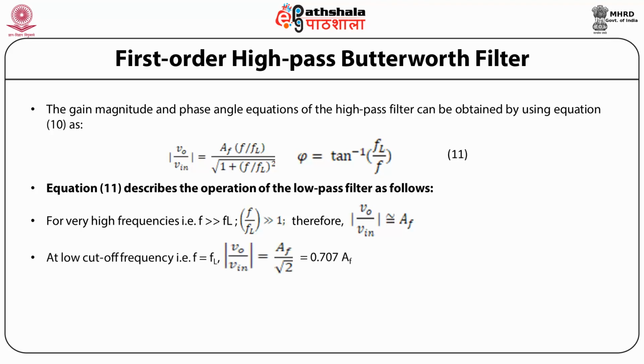Second, at low cutoff frequency, that is F is equal to FL, modulus V naught by Vn is equal to AF divided by square root of 2, which equals 0.707 into AF. Third, for frequency lower than the low cutoff frequency, that is F much less than FL, modulus of V naught by Vn is less than AF.